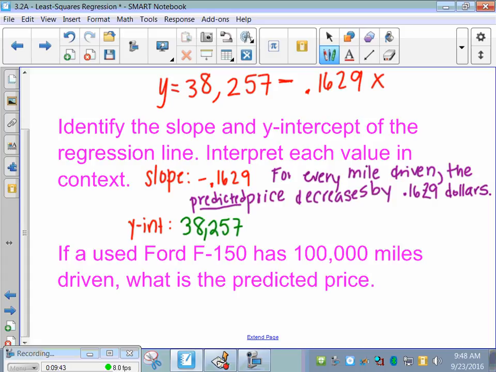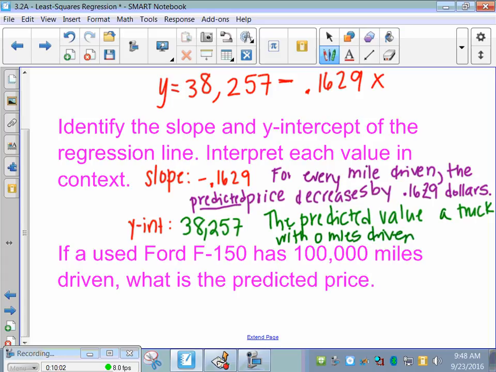Okay, this is the predicted value of a truck with 0 miles driven. Again, predicted, very important word, value of a truck, specifically the Ford F-150, with 0 miles driven. Okay, you might always think initial amount. In this case, when you start at 0, when you first drive the car off the lot, that's what it's worth.